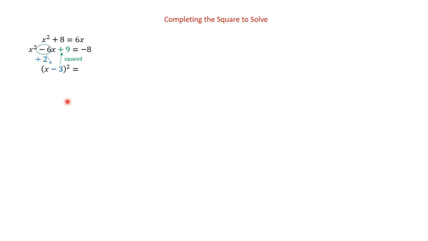So plus 9. Now, can I go around adding 9 to an equation wherever I feel like it, all willy-nilly like? No, I can't. If I add 9 here, what else do I have to do? I have to add 9 over onto the other side. So negative 8 plus 9 is 1.